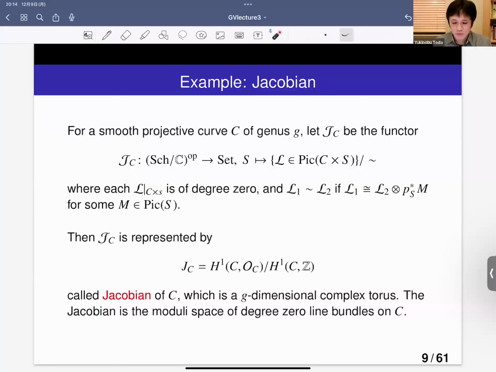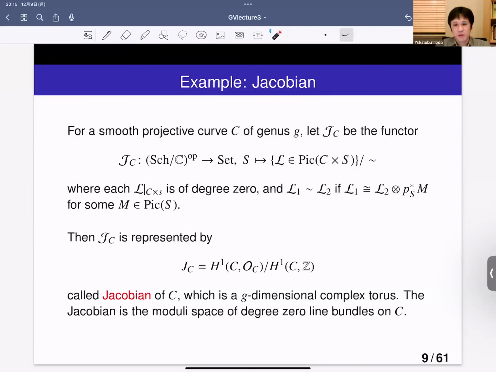For a smooth projective curve C of genus g, let J_C be the functor from the opposite category of the category of schemes over C to the category of sets, which sends each scheme S to some equivalence classes of line bundles over C times S. So this is regarded as some family of line bundles on C parameterized by S, such that we also assume that the restriction to each point in S is of degree 0. So this is a numerical condition on each line bundle.